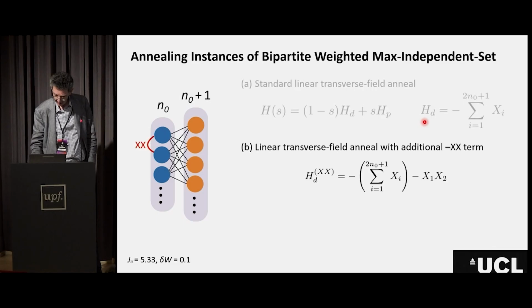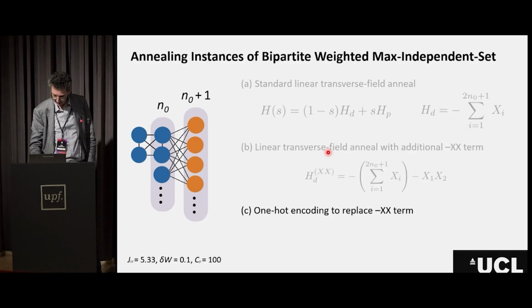We're also then going to assume we have a perfect XX driver and add that, as shown here, on one half of this bipartite maximum independence set, just a single XX driver. And then finally, we're going to use this one-hot encoding to replace the XX driver on this pair of qubits here with these additional two ancilla qubits as shown here.